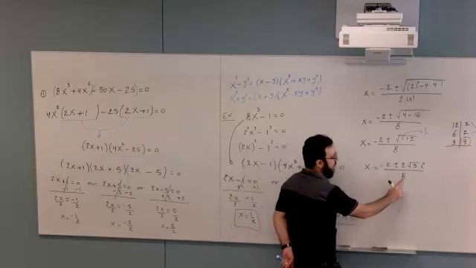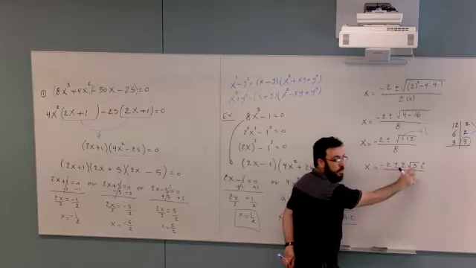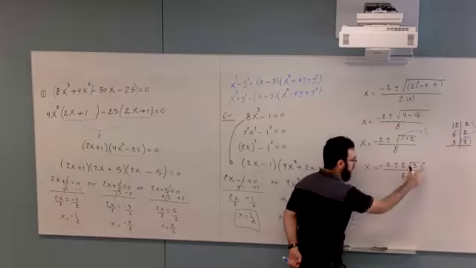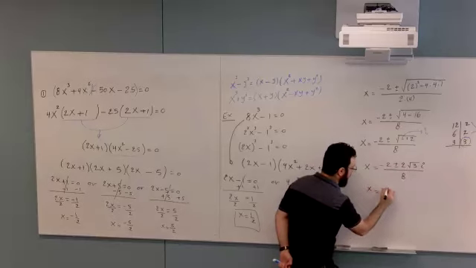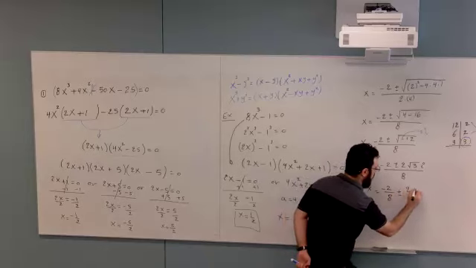Is the 8 the denominator for both these numbers? The 8 is the denominator for here and here. So can I write it as negative 2 over 8 plus or minus 2 square root of 3?